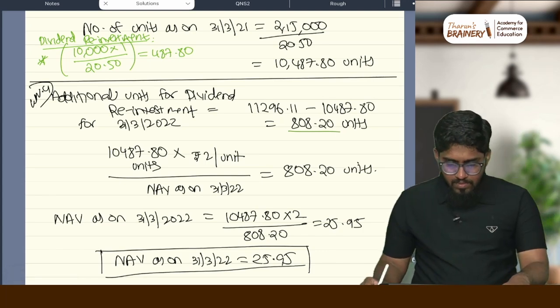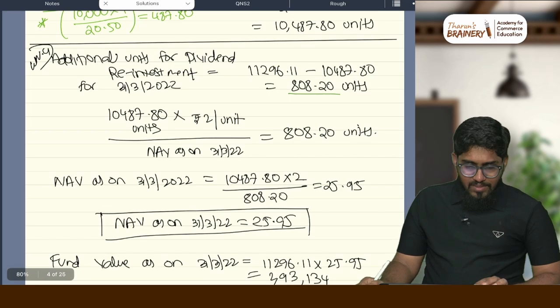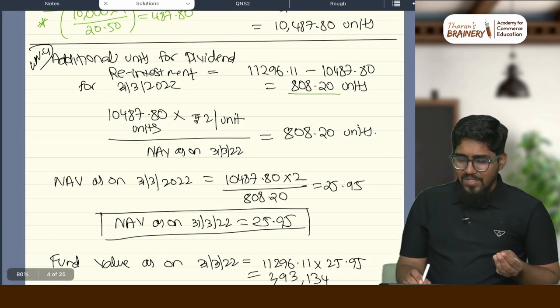One minute. 11,296.11 minus 10,487.8. Okay, this is nothing but 808.31 units. No worries, it is just a small round off.